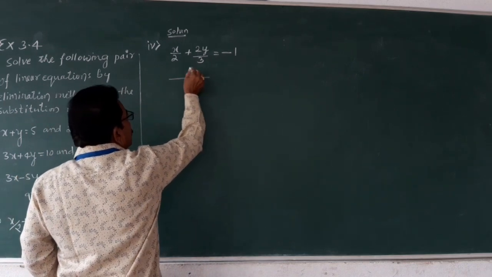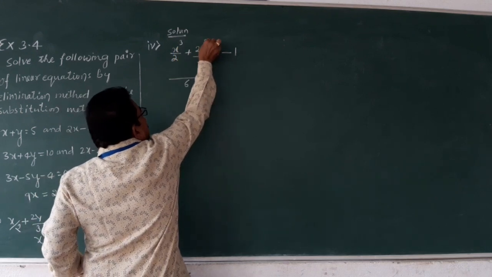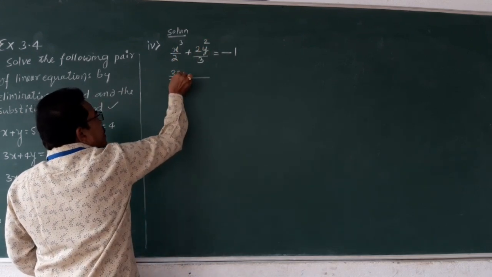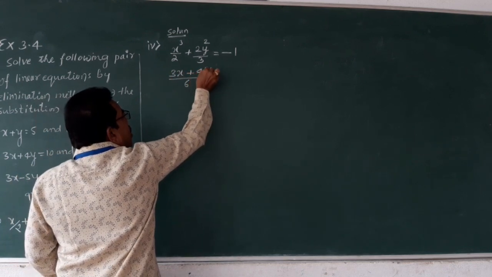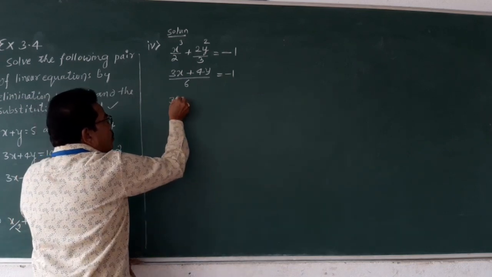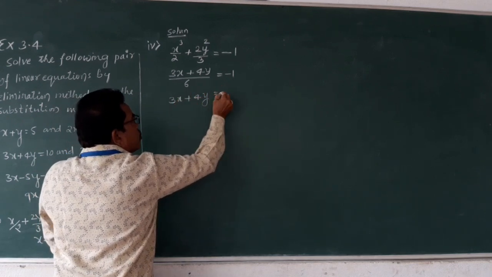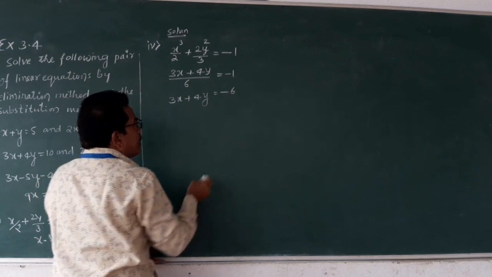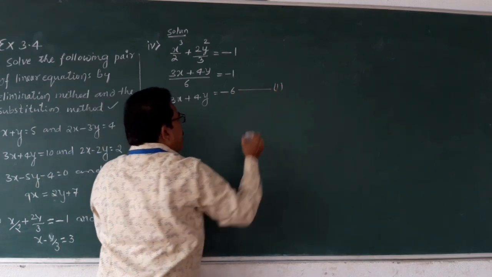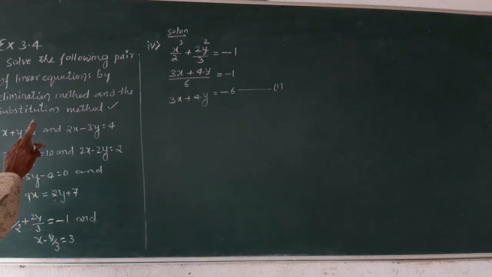The LCM of these two is 6. 3x plus 4y equals 6 into minus 1, that is minus 6. This is equation 1. We have simplified the fraction format of the equation, so 3x plus 4y equals minus 6.